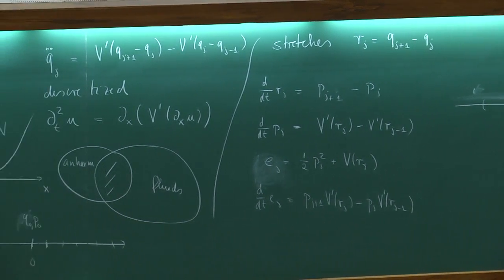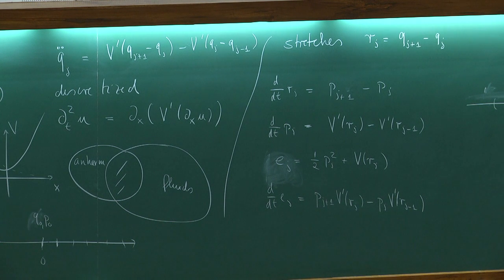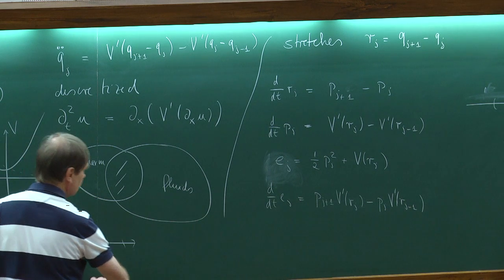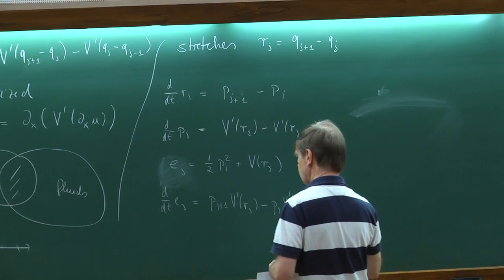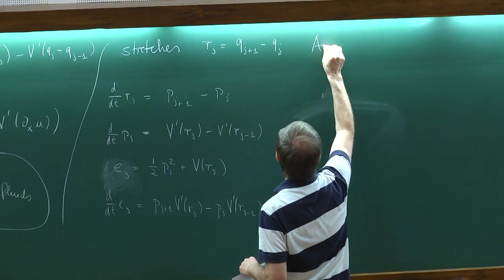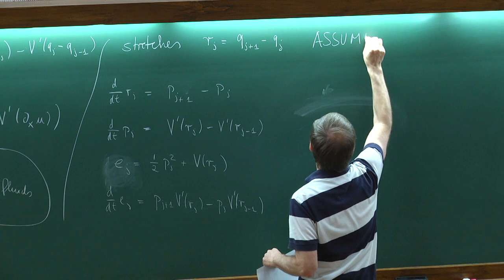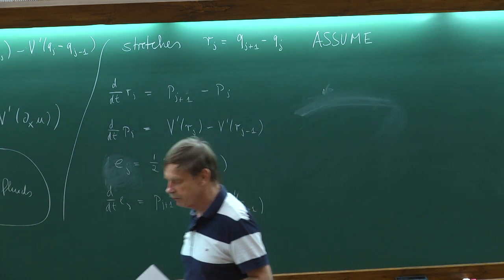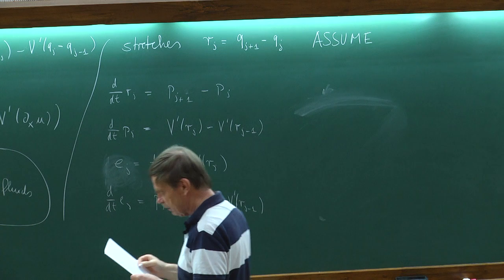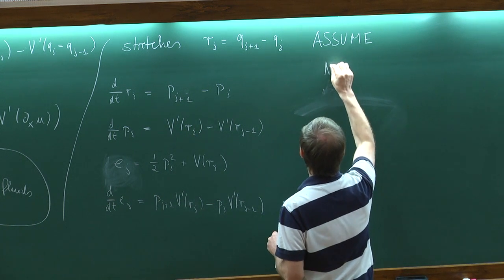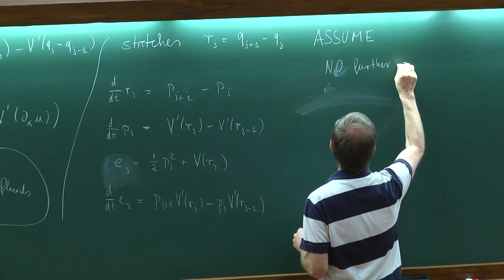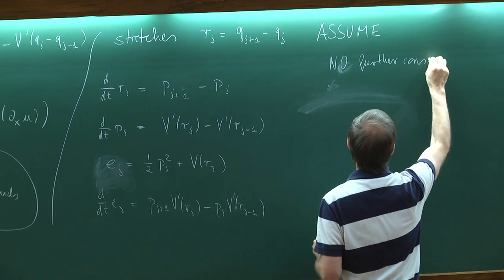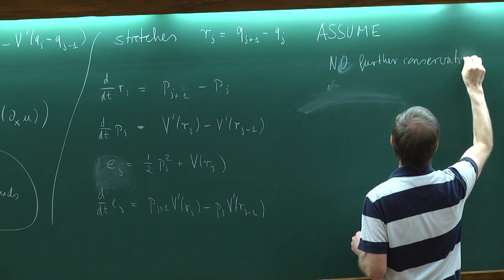All right, so we have three conservation laws, and now comes a similar clause to what David had in his lectures, namely what I will assume. It's a very implicit assumption because nobody knows how to check this, but I will assume it anyhow: that there are no further local conservation laws.